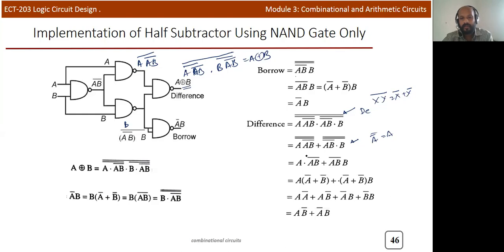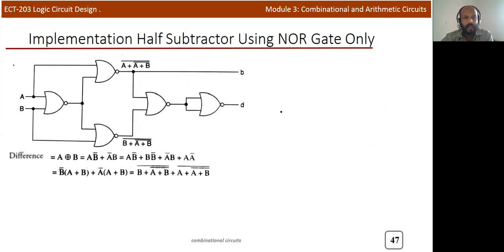Then again, there will be De Morgan's law. So you can apply that De Morgan's law. You can expand like this. Okay, two terms will be there. After simplification, finally you will get a b bar plus a bar b, which is equal to a XOR b. In the similar way, the Borrow also. So after simplification, you will get Borrow is equal to a bar b. Simple substitution, you will get all these things.